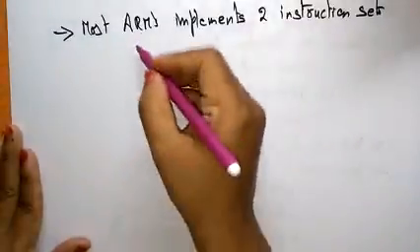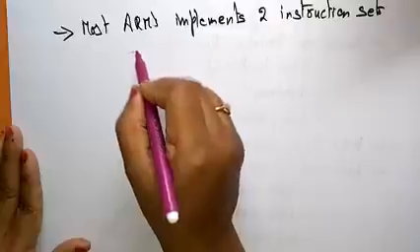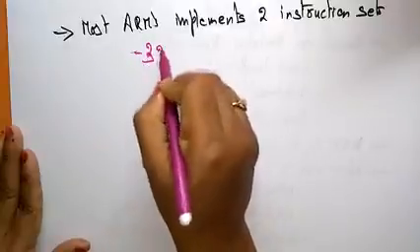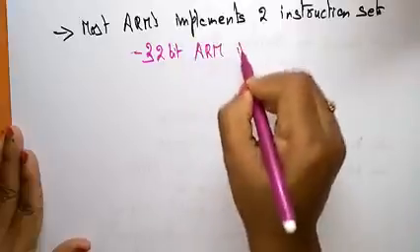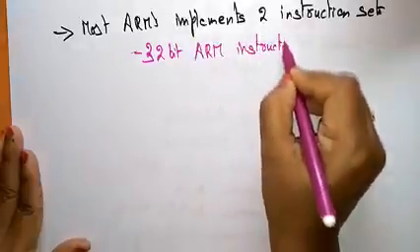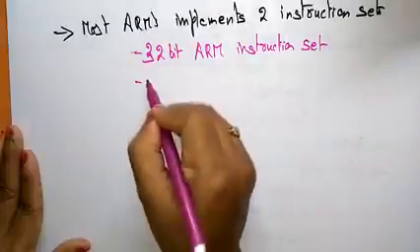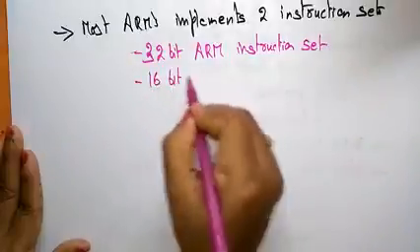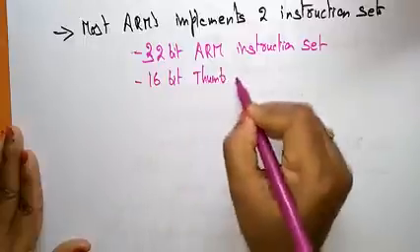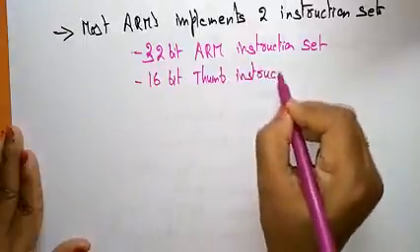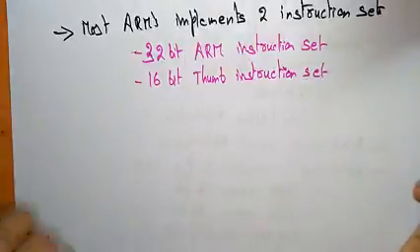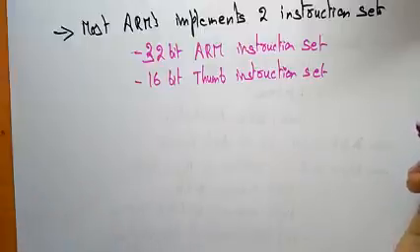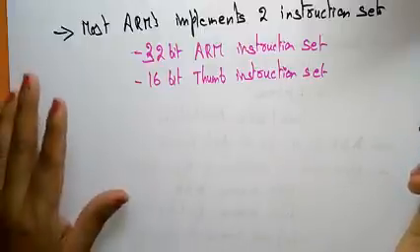The 2 different types of ARM instruction sets are the 32-bit ARM instruction set and the 16-bit Thumb instruction set. So for whatever ARM processor you are using, you can use either the 32-bit ARM instruction set or the 16-bit Thumb instruction set.